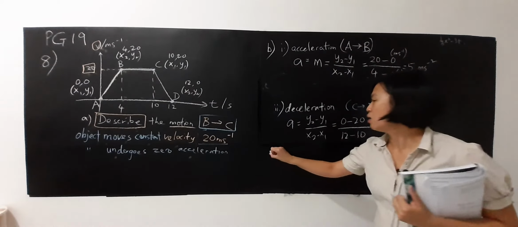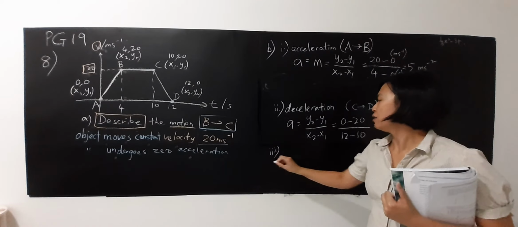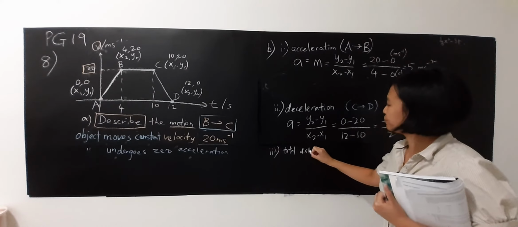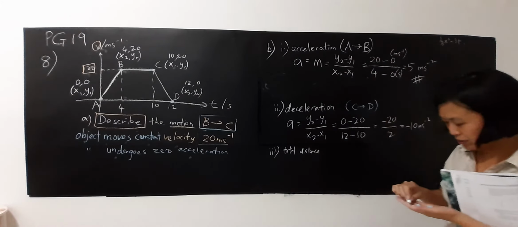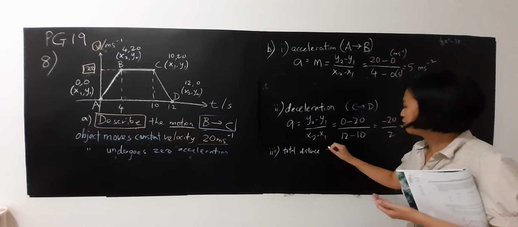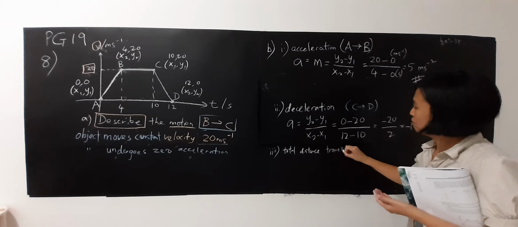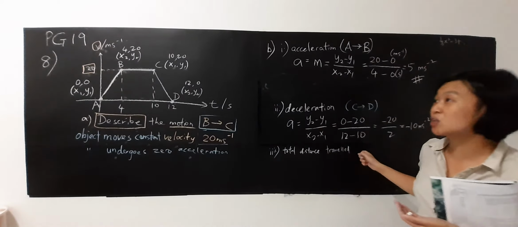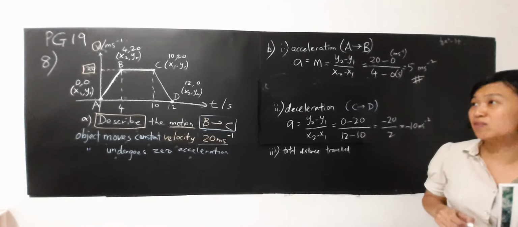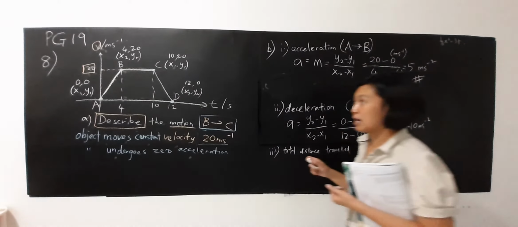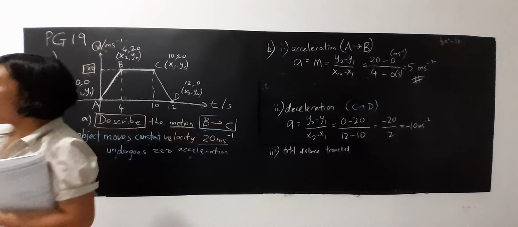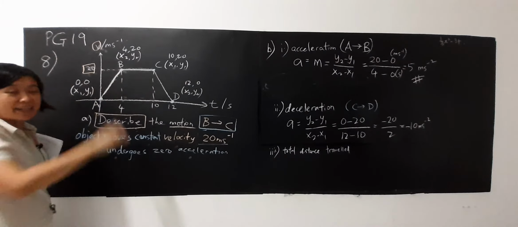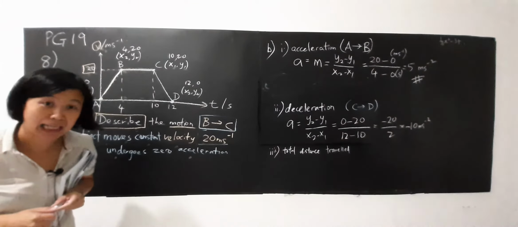Third, what do they want? They want total distance travel. Okay, jadi untuk kita kira total distance travel, you found that under VT graph, kalau kita kira gradient dia, kita dapat acceleration kan.